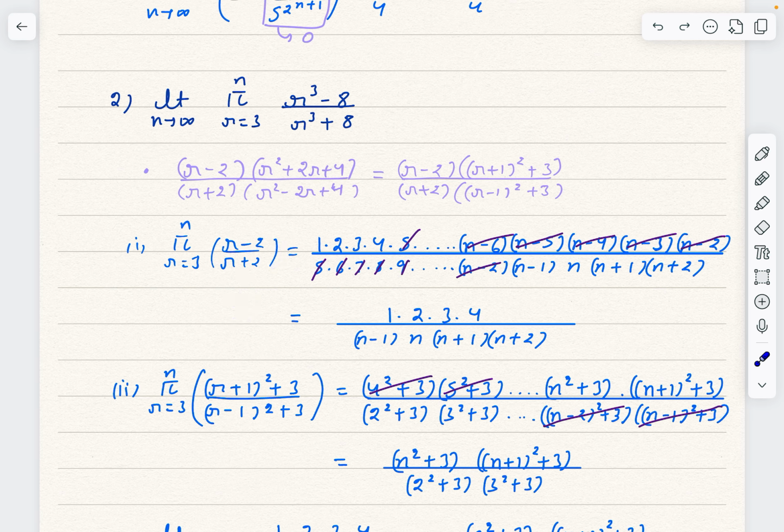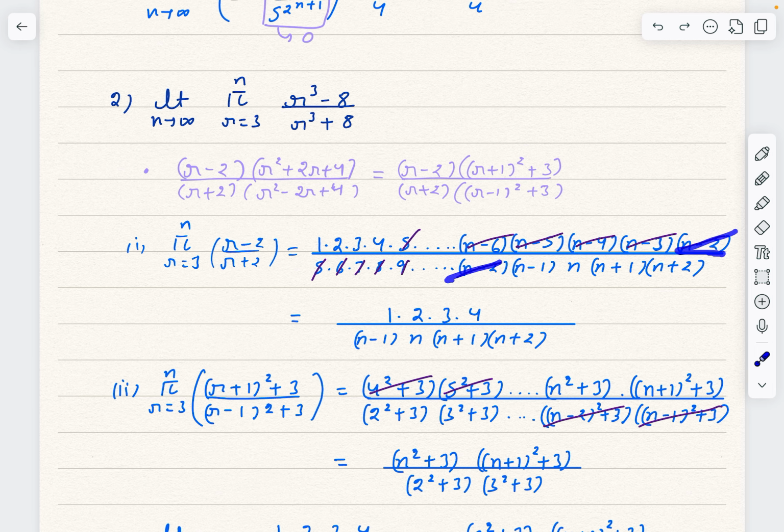If you write the terms in the numerator, you see 1, 2, 3, 4, 5. So the terms get cancelled from 5. These first 4 terms will be pending here. Then all the terms will get cancelled out. But till what point? Here the last term is n − 2, so this last n − 2 will get cancelled with the n − 2 here.